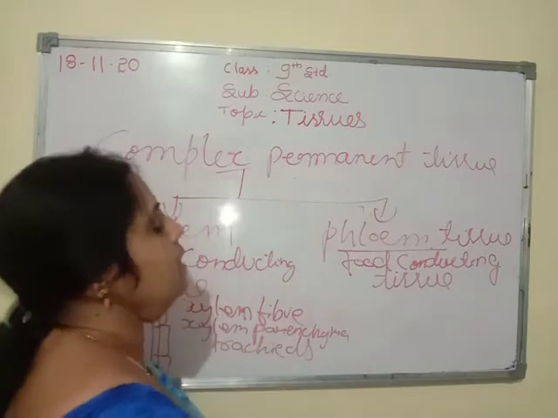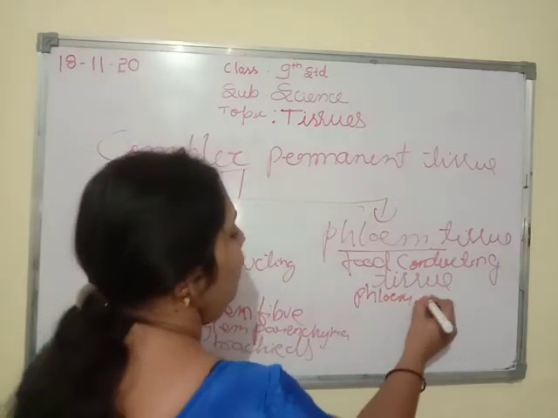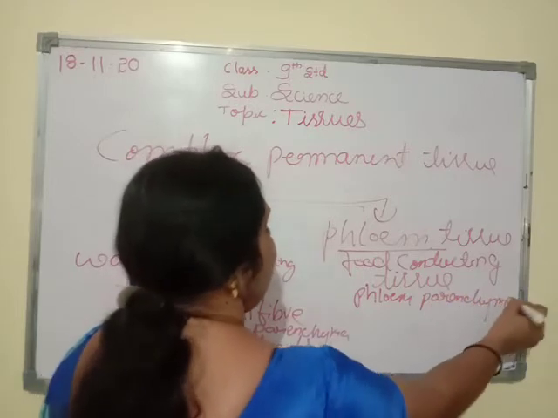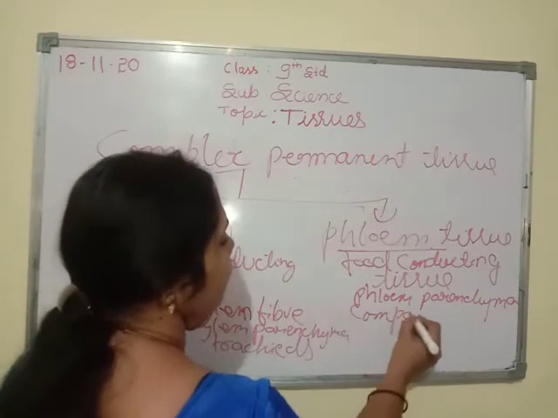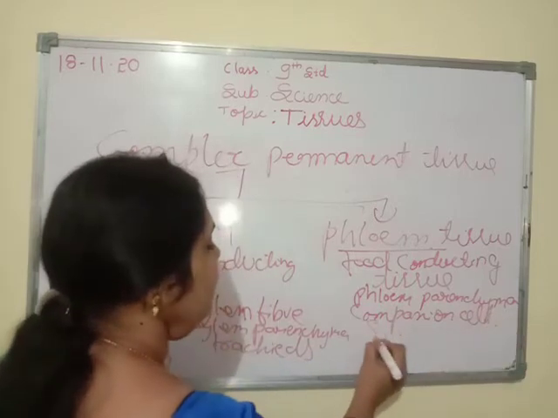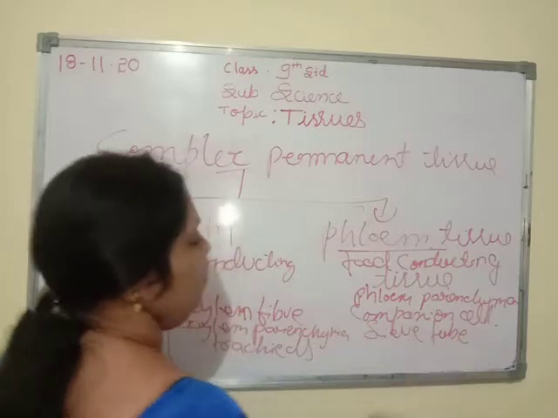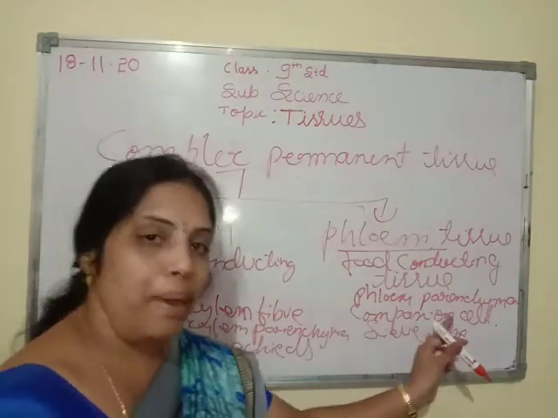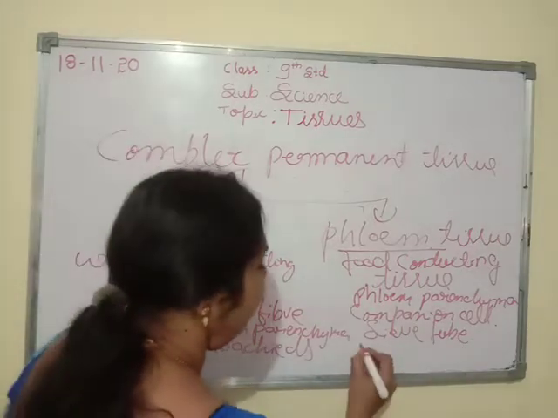Let us see what cells it has. Phloem parenchyma, companion cell, sieve tube, and the phloem fiber.